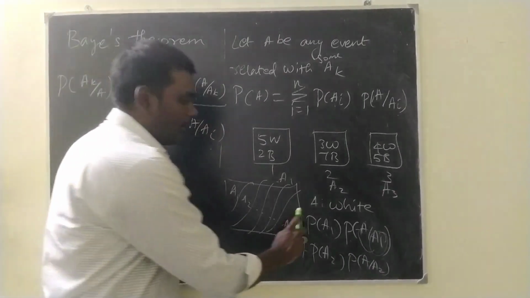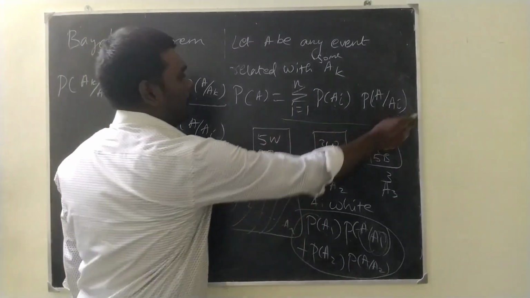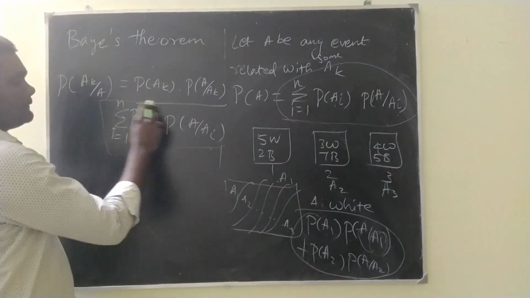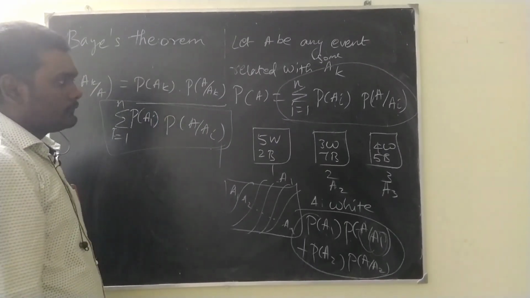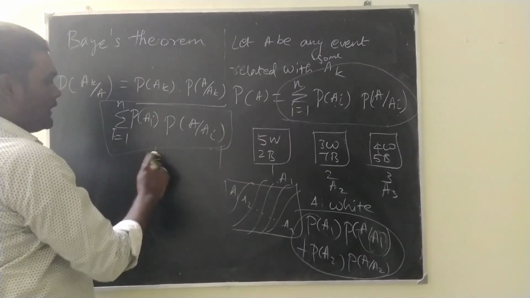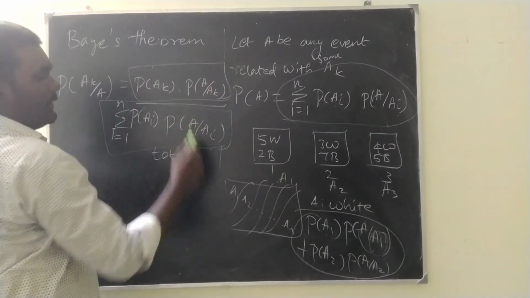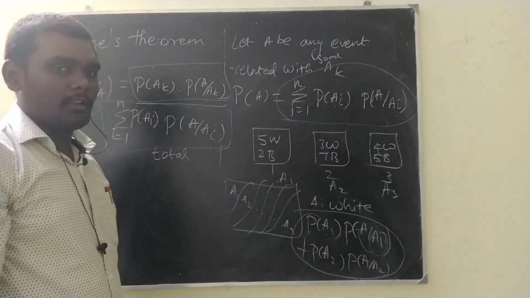See, here we calculated total probability, that is written in this form. So here what I used? Total probability. So downstairs what is there? That is total probability. And this one is surely a particular case about any one.